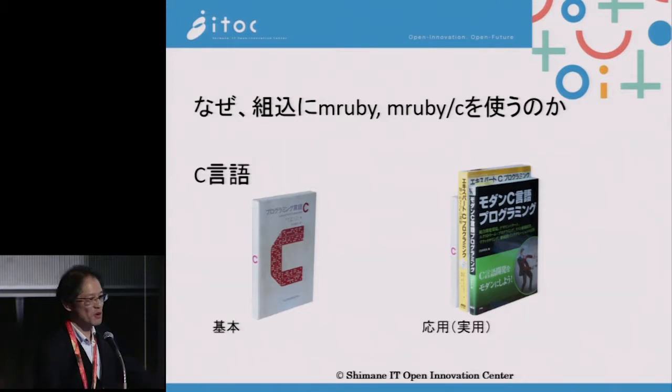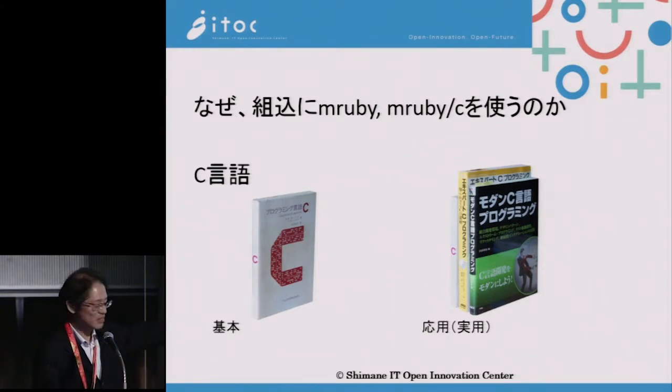So the C language, this white book, people who use the C language said it's a Bible that everyone should carry. And about a year ago, when I asked, do you have it? Only 50% had this book. And I felt that I'm getting old.